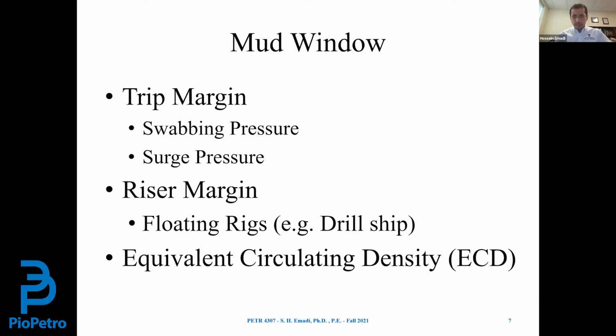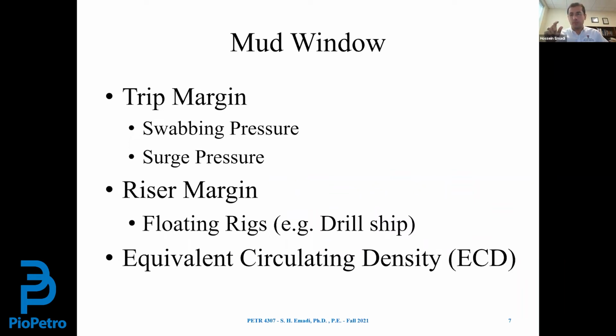The factors which can affect the amount of trip margin, I mentioned, maybe a reasonable number for trip margin is 0.5 pounds per gallon.